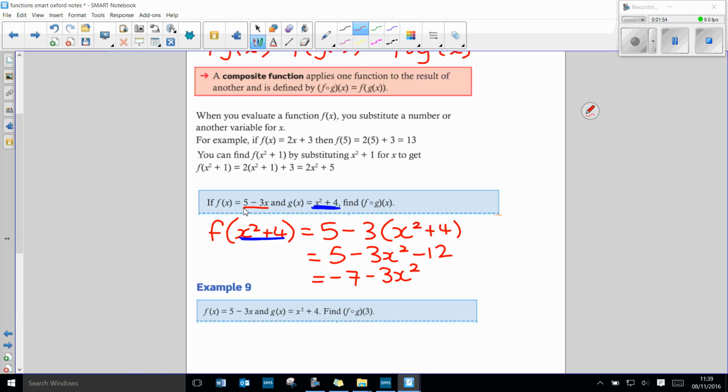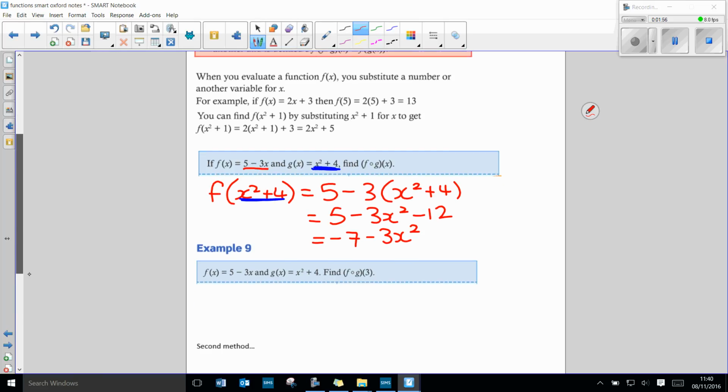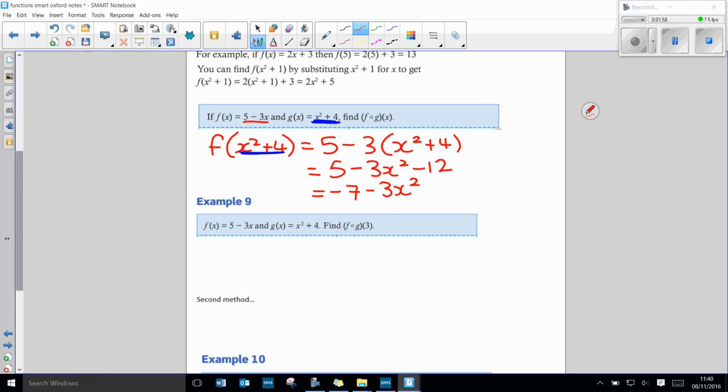Okay, our second example has the same two functions, f and g. It's still f∘g, but this time we're finding f∘g(3). Looking at this example, because it's exactly the same as the question above, we could, as a shortcut, just simply substitute the value of 3 into this expression up here.